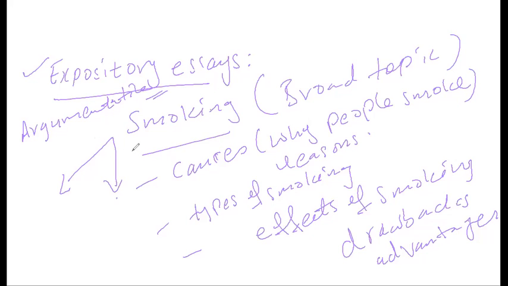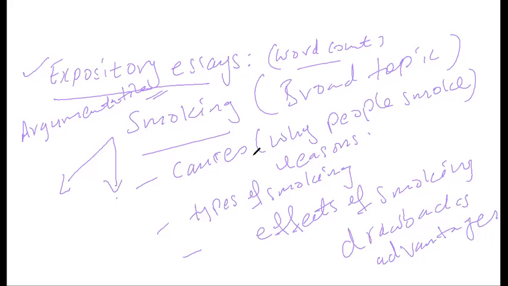But if I have to show the information, I want to inform people about smoking, I may be using different aspects, or different patterns. I may write about cause and effect, the reasons, the types, the effects, drawbacks, advantages, maybe all of them or some of them. It depends on the word count. It depends on what I really want to write about, or what information I want to share with my reader, right?